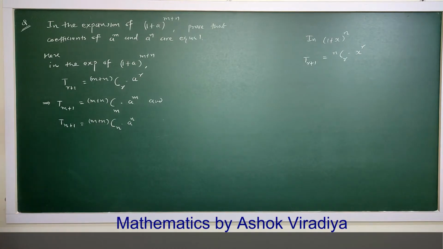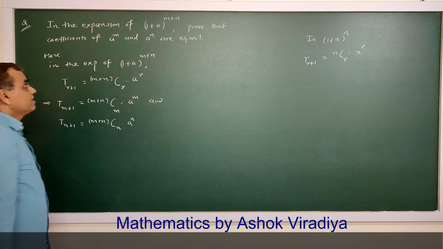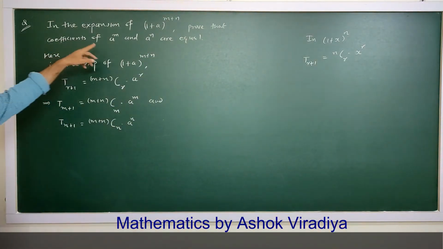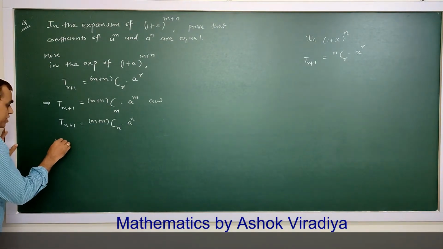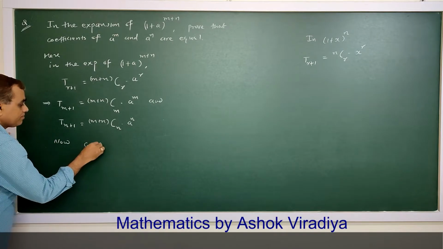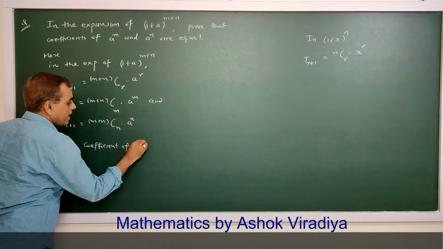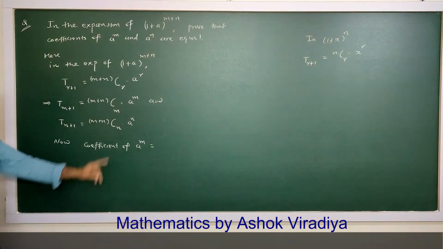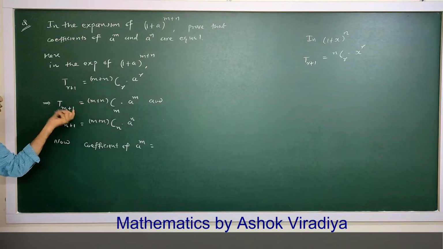Now, given that we show the coefficients of a raised to m and a raised to n are equal. So now the coefficient of a raised to m appears in the (m + 1)th term.